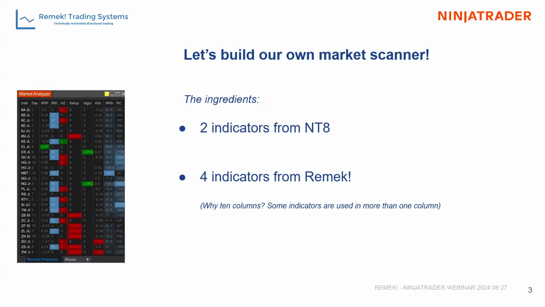The reason we have 10 columns is because we're going to use different information from the same indicator twice. Some of our indicators provide various outputs, which we're going to use for certain purposes. I'm going to go into that a little later. So 10 columns, and these are the indicators, the ingredients that we're going to use.